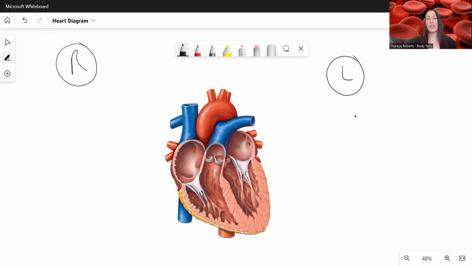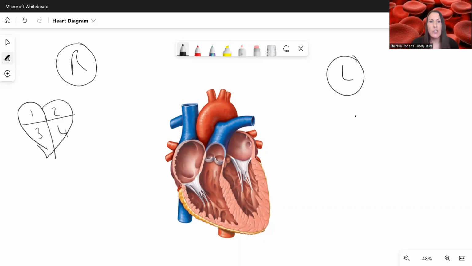So first of all, I want to talk about the chambers. So the chambers of the heart, we have two atria at the top of the heart and two ventricles. So if you were to think about the heart like split into four, here's a diagram of the heart, we have two atria and two ventricles. 1, 2 atria, 3, 4 ventricles, 4 chambers in total.